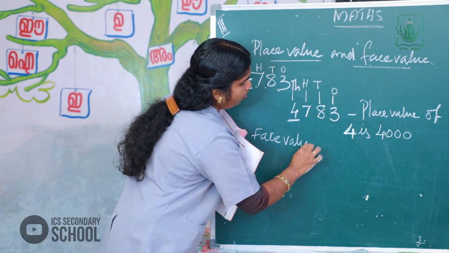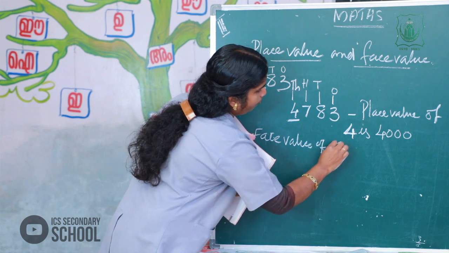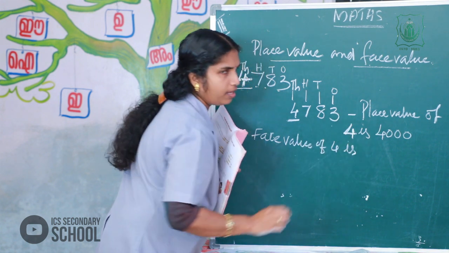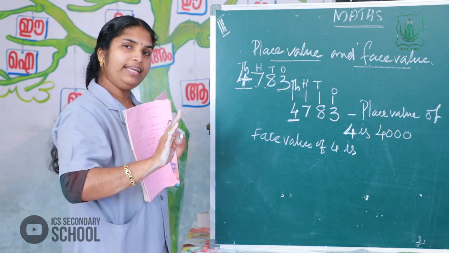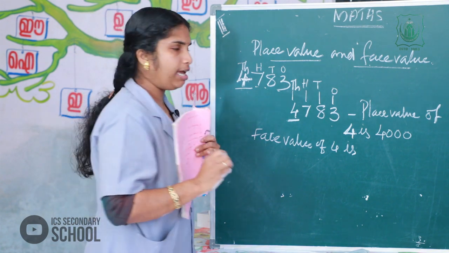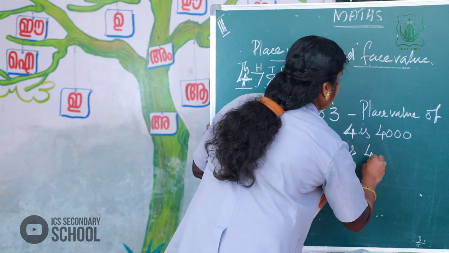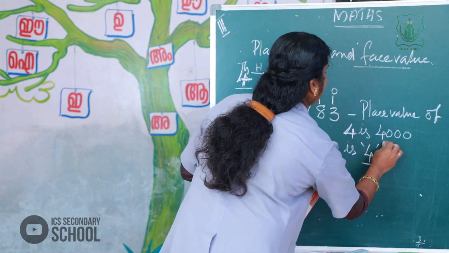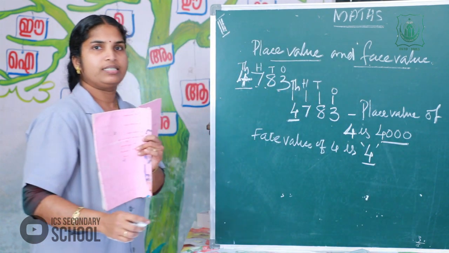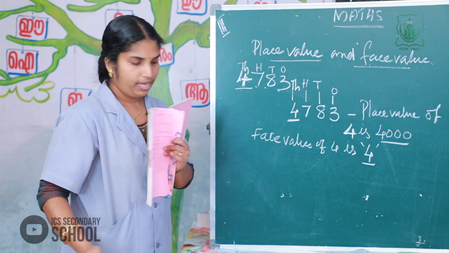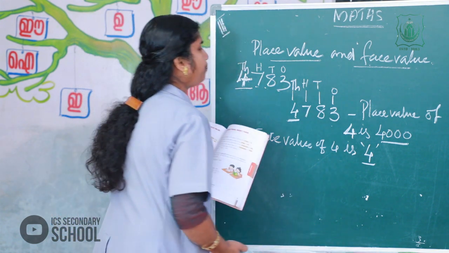Next, the face value. Face value of 4 is the digit itself. We write here the digit itself. 4. Okay, got it? Next example.